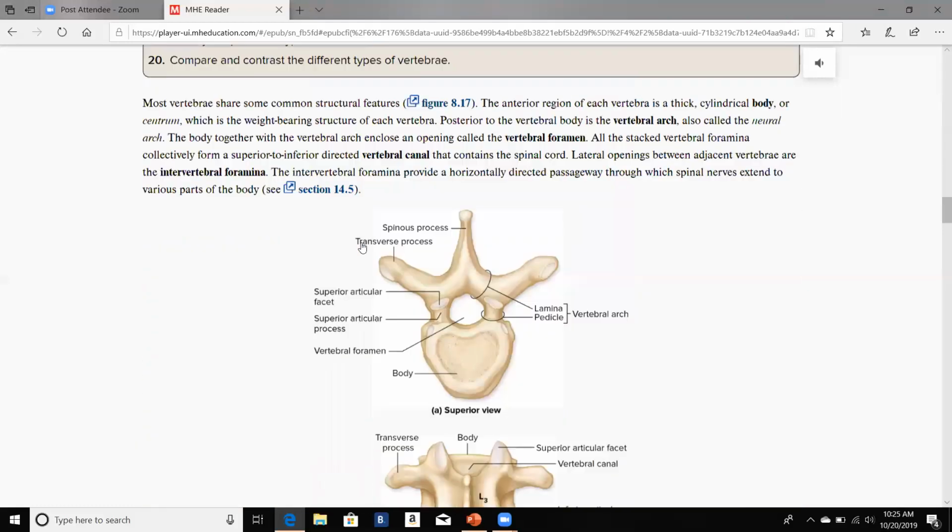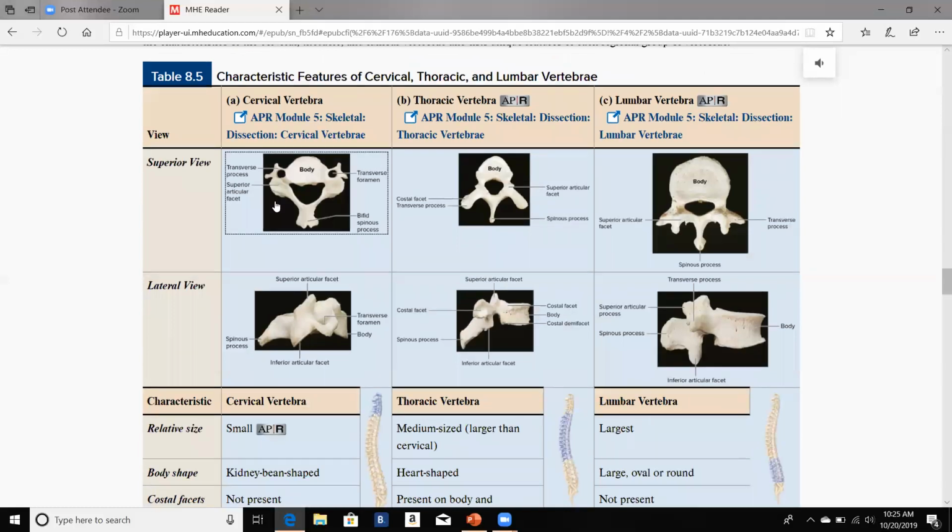Okay, let's go down. Table 8.5 helps you to compare the cervical vertebra from the thoracic and lumbar. As you go from cervical to lumbar, you see the body of the vertebra changes.